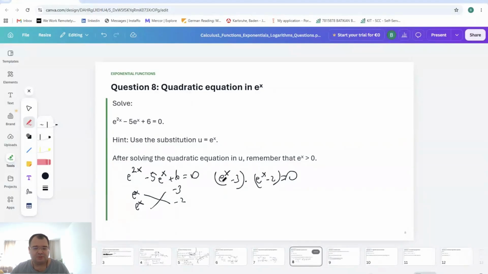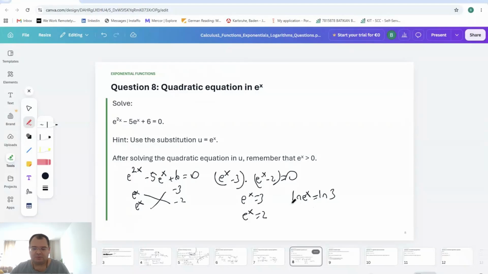When you distribute these terms inside of the parentheses, you end up with the original function, and this is the separated form of this function. So you have two roots which make this function 0. You have e to the x equals 3, and e to the x equals 2. When you take the ln of both sides, ln e to the x equals ln 3.